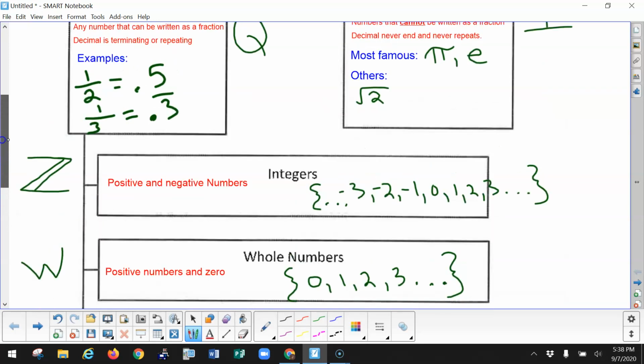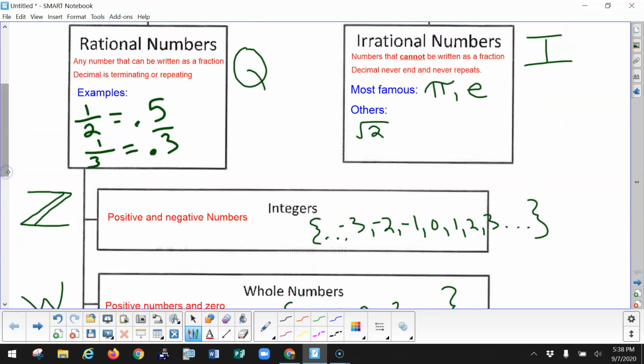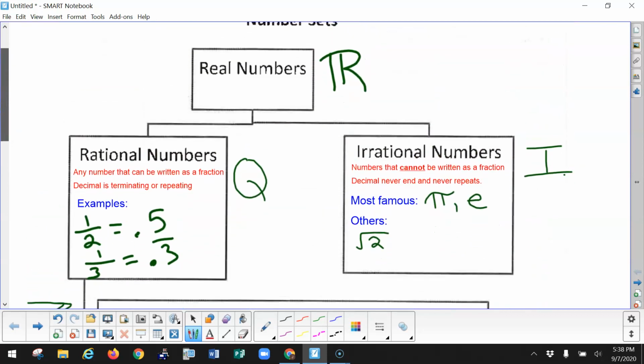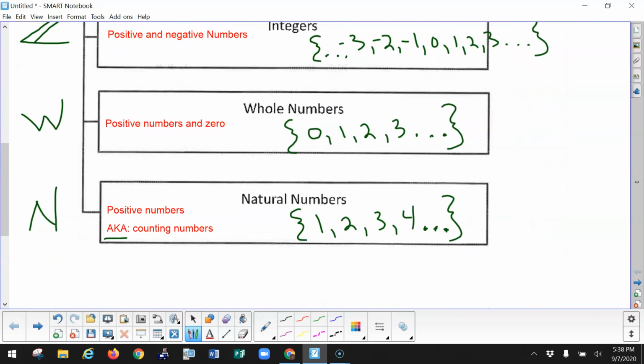Don't ask me why they use a Z for integer, but that's one that you have to kind of try and remember. Z for integer, I for irrational. That one's easy to remember because irrational begins with I. And then your rational numbers, Q. Not sure, again, where that came from, but that's how they label that. Okay.